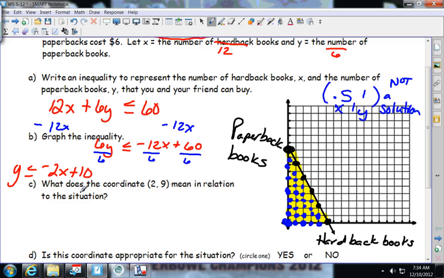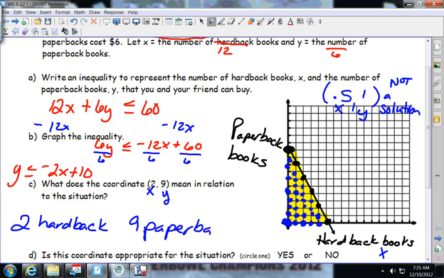It says right here, what does the coordinate 2, 9 mean in relationship to the situation? 2 is the X, Y is 9. X is hardback books, so it would mean 2 hardback books and 9 paperback. That's what it means. Is that a solution? 2, 9.